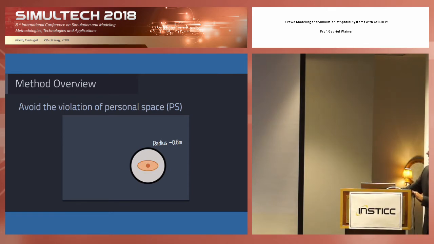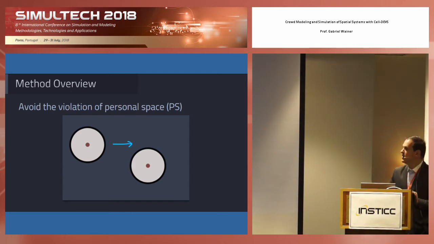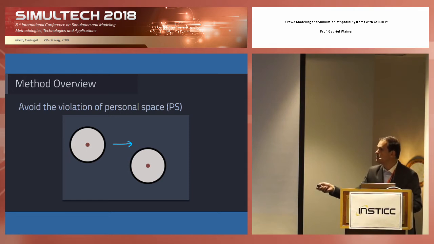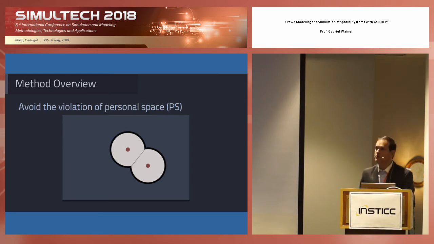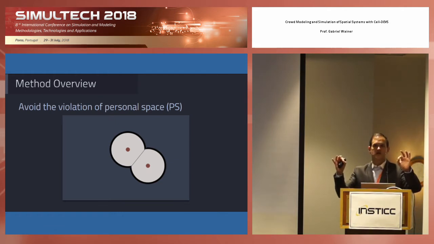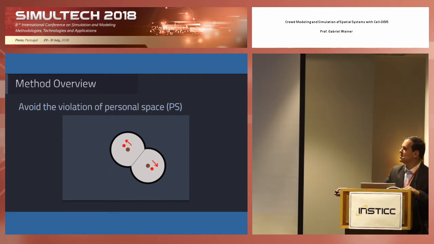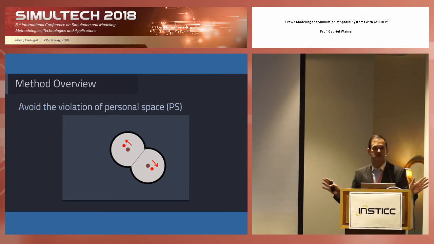So this is the person, and this is the personal space of the person. What do we do? There's another person coming. As you can see, the personal spaces are going to collide. The people are not going to collide with each other, but when this guy moves, the two personal spaces collide. So what do we do? We move the center, and we create something which is called a centroidal, and the center of the circle is displaced in the direction of the forces provided by the personal space.